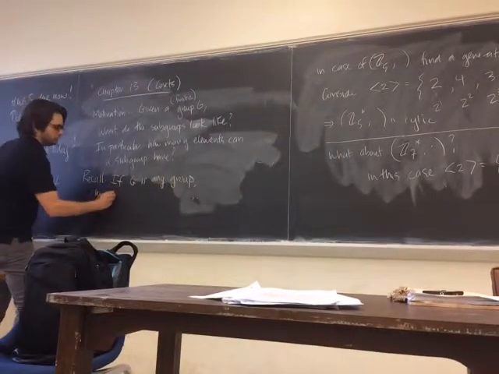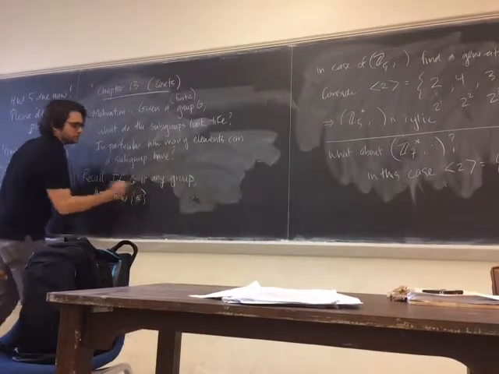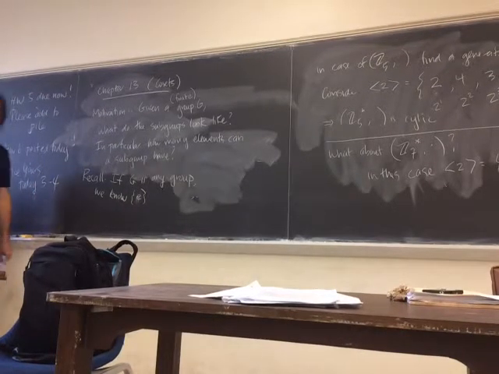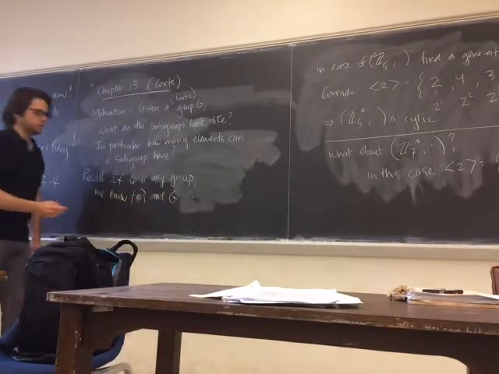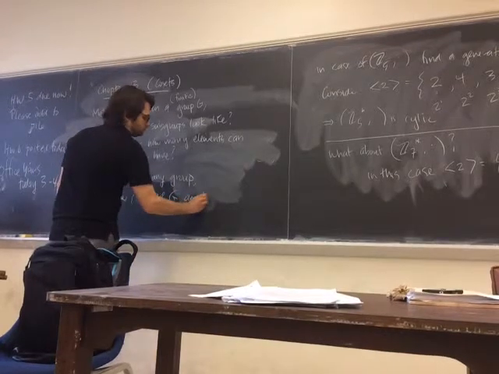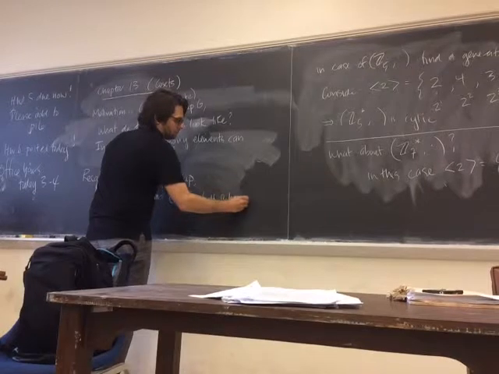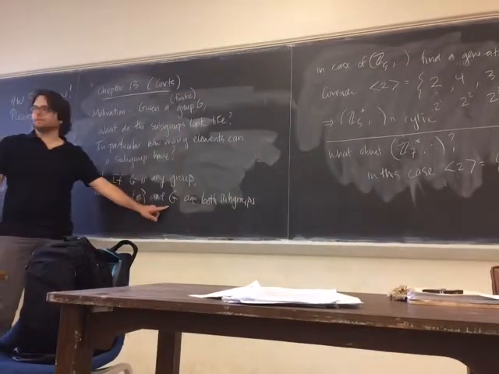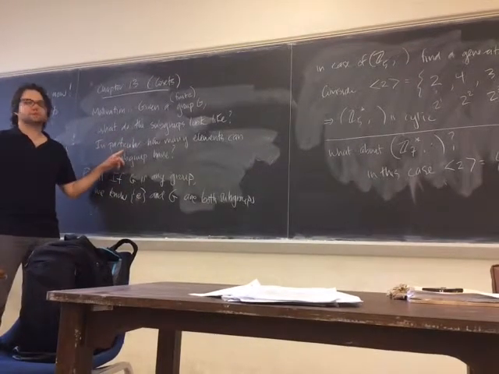The set consisting of just the identity, and at the other extreme, the whole group. Those are both subgroups. This one has one element, and this one has all the elements. So this is not really answering my question, there's a lot in between.